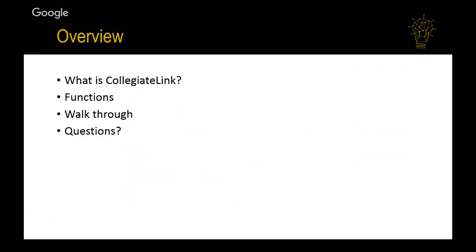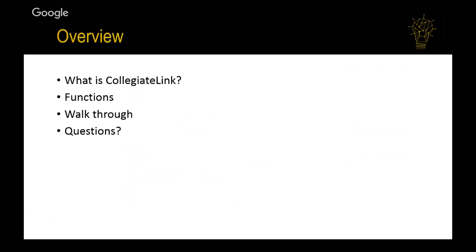First, what we're going to have is an overview of what we're going to be talking about today. First of all, what is CollegiateLink? Some of you may have heard of it before. Some of you may have never experienced using it. So we want to talk through what it is a little bit more in detail. Then we'll be talking a little bit more in depth about each of the functionalities of the system. And then talking about how student organizations or departments or services use them at St. Cloud State.